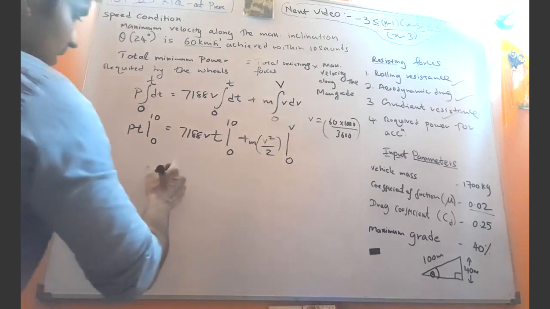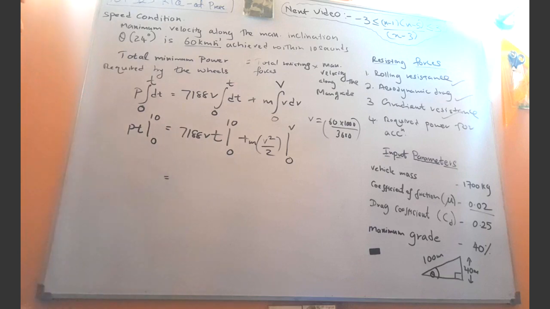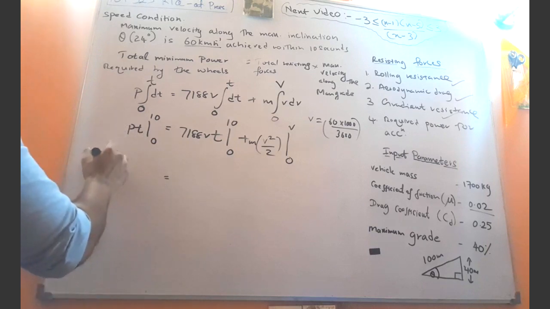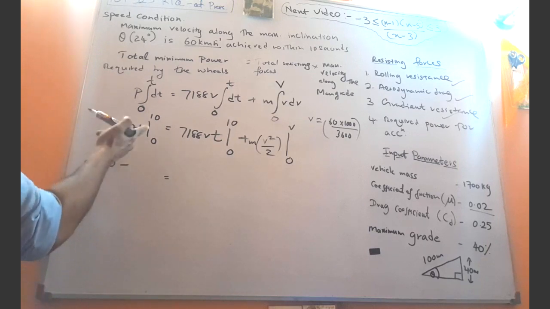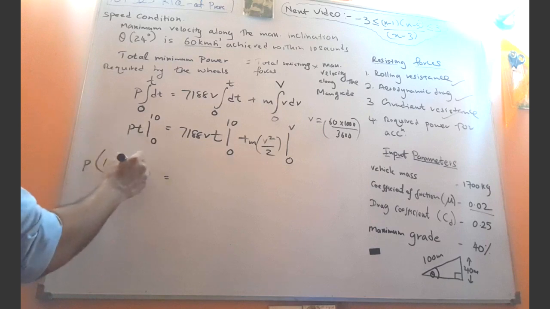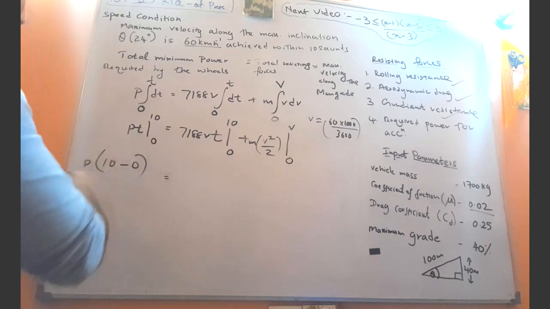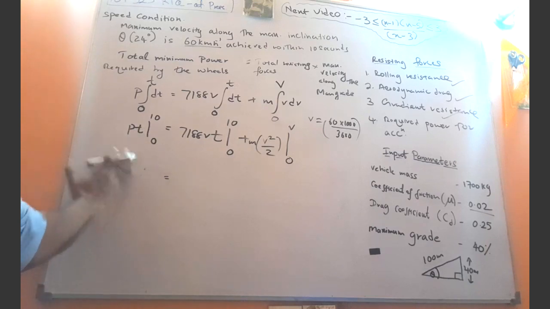So let's carefully apply the values. P times, first apply t as 10, 10 minus, then apply 0. So P times 10 minus 0, you know the answer, that is P times 10.